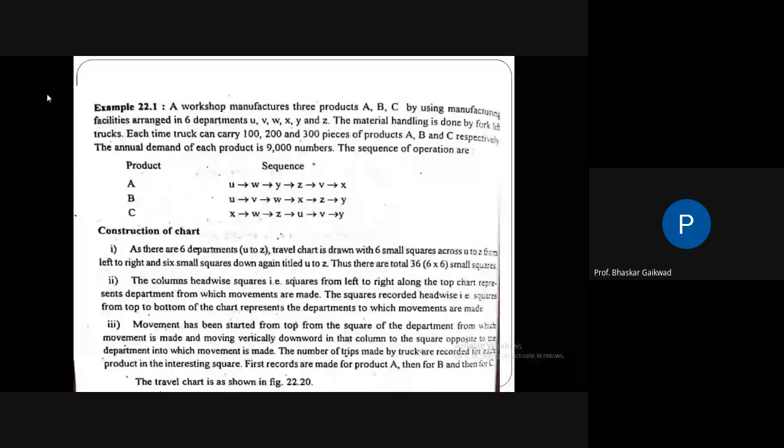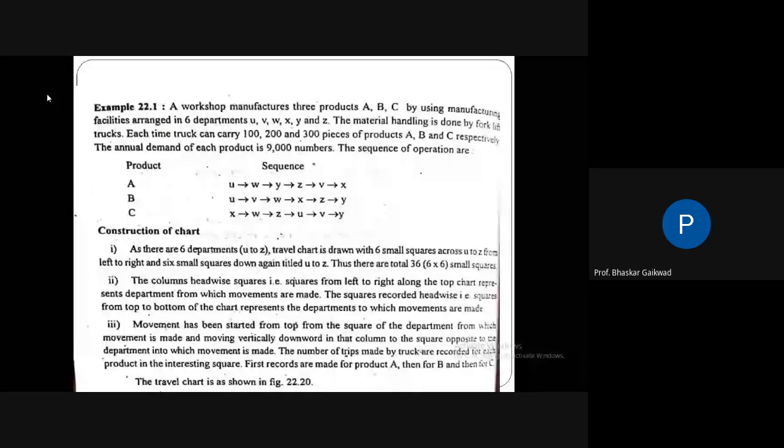Now let us see one example, which is actually from the industry. A workshop manufactures three products A, B, C using manufacturing facilities arranged in departments. One workshop is there and they are manufacturing three products A, B, C, for example nut, bolt, washer, like this way.